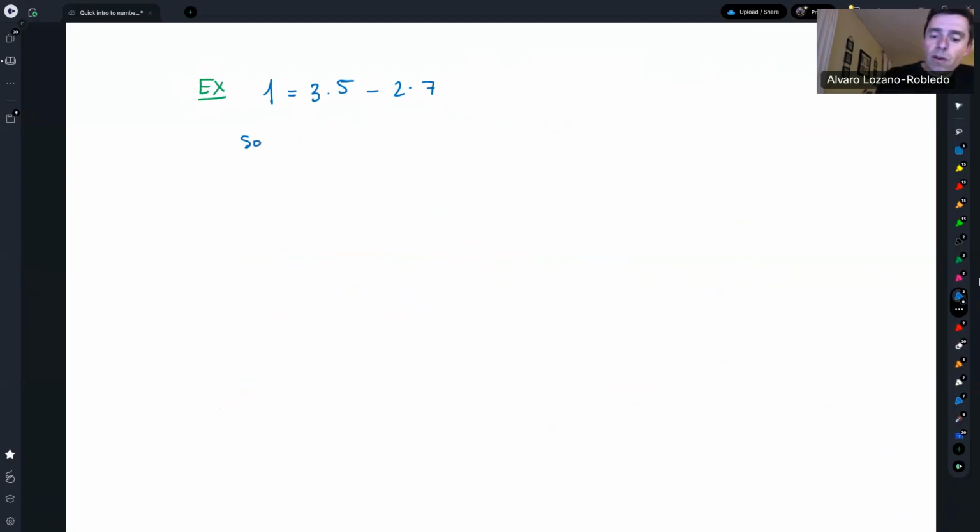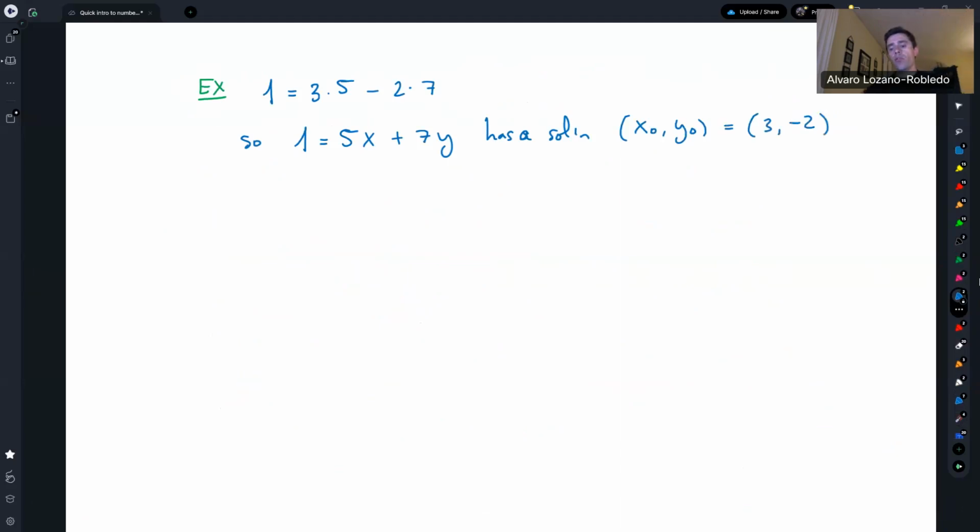So 1 is 5x plus 7y has a solution x0, y0 equal 3, minus 2. So that is one solution to that Bezout identity. Then the rest of the solutions are given by that theorem I just stated.